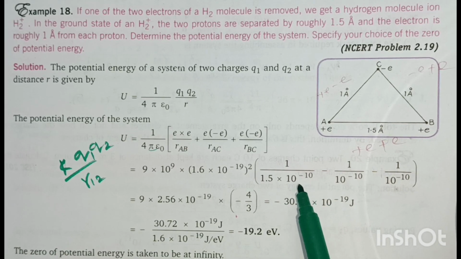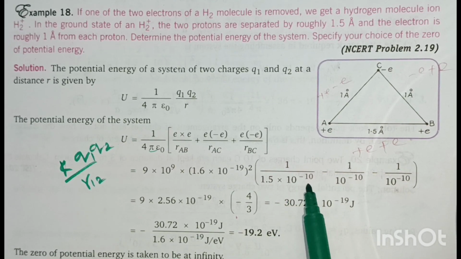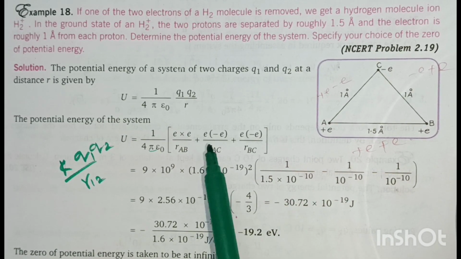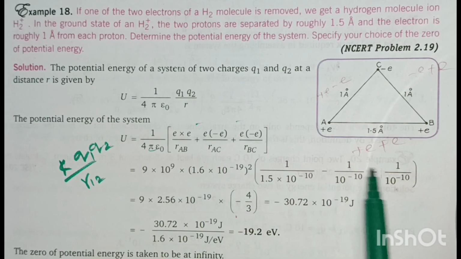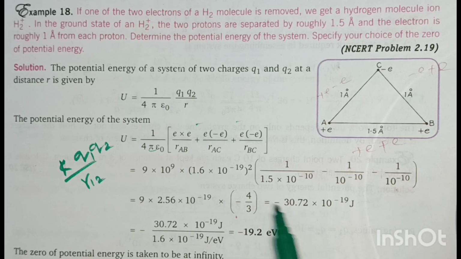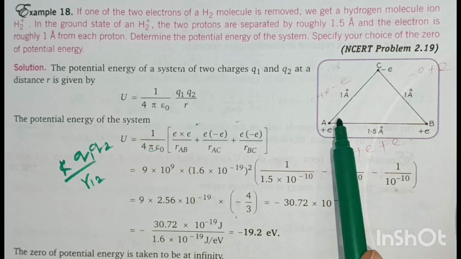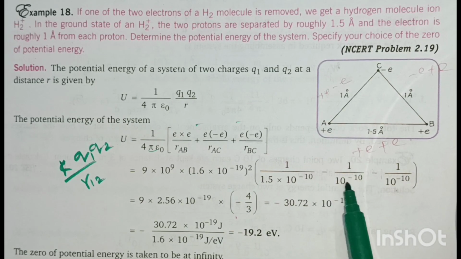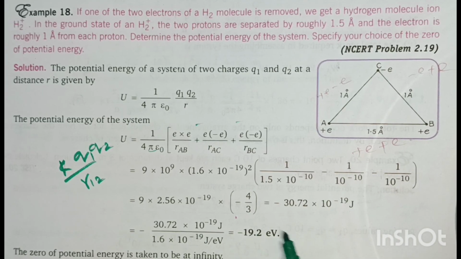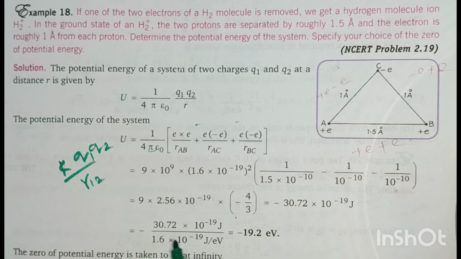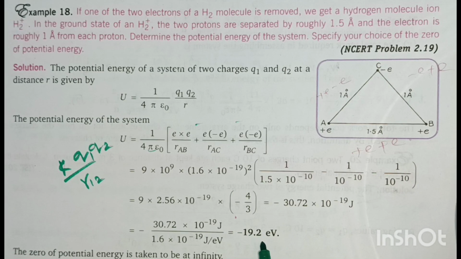How do we convert angstrom into meter? 10 power minus 10 meter. Here also there is a negative sign, and here also there is a negative sign, so please be conscious of that, by 1 angstrom. 1 angstrom is 10 power minus 10 meter. These two values are the same. On solving, we get the answer: minus 19.2 electron volt.